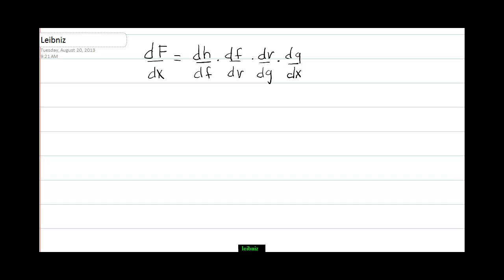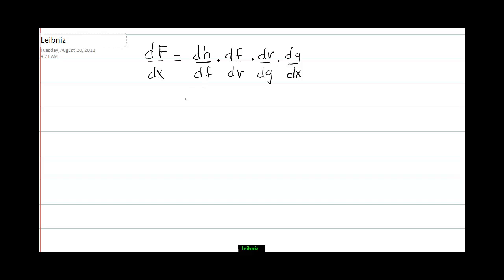Now this enables us to see the chain pattern where the terms of the differentials appear juxtaposed to one another in the numerators and denominators.